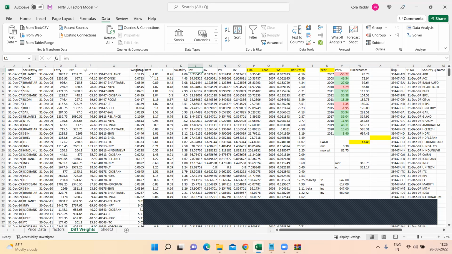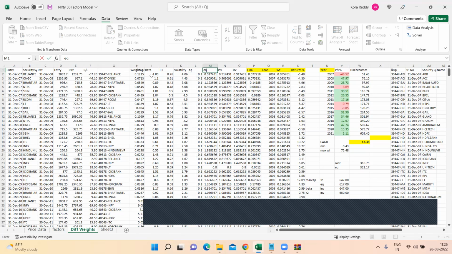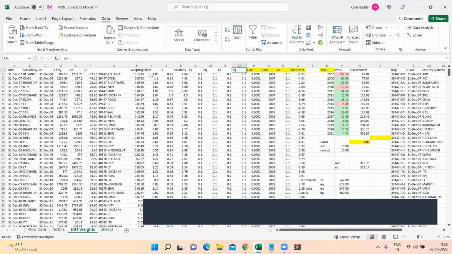So if I just do equal, it is 0.1, equal 0.1, equal 0.1, and equal 0.1. So these 4 factors, I'm just doing equal weightage. That means basically I'm investing 10 rupees in each of the stock. I'm not considering any factor weights.